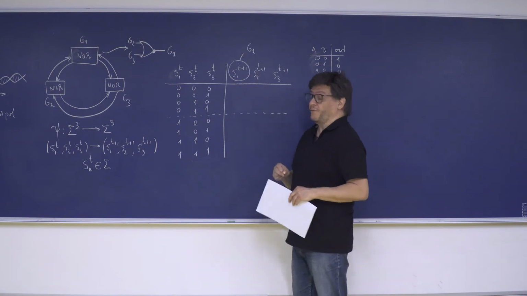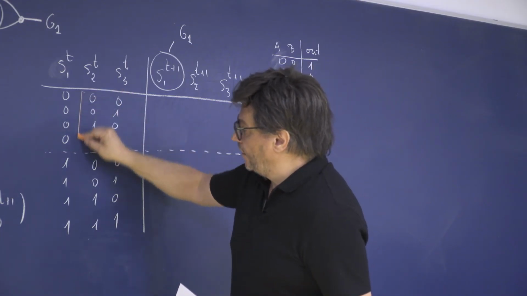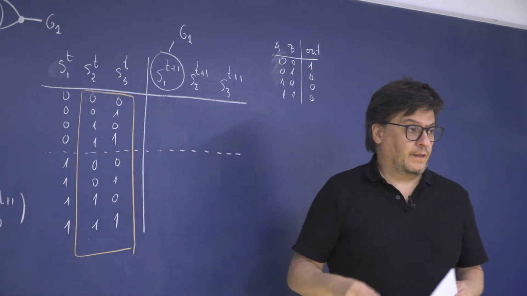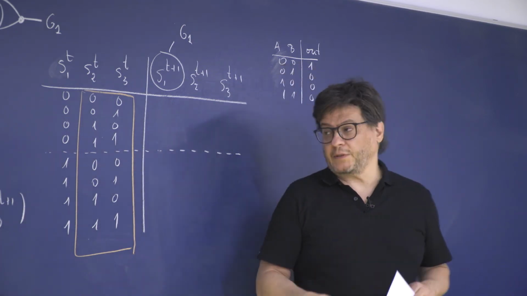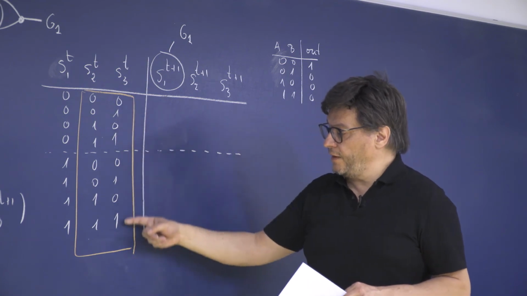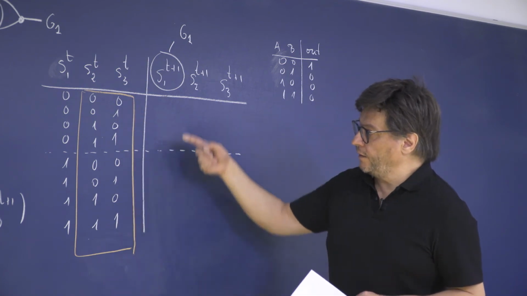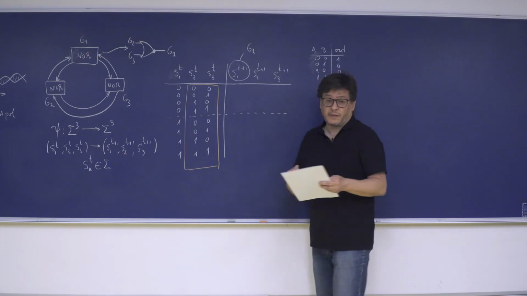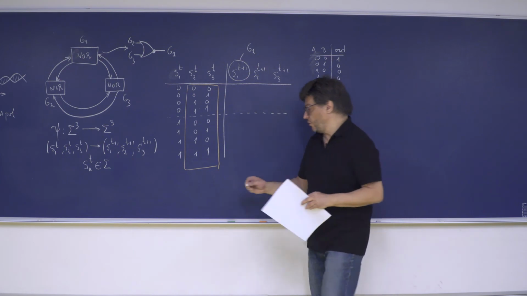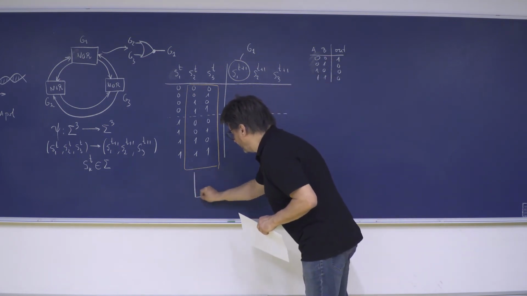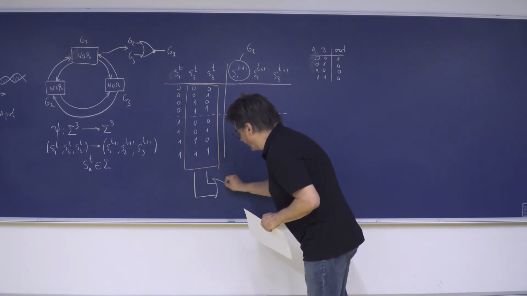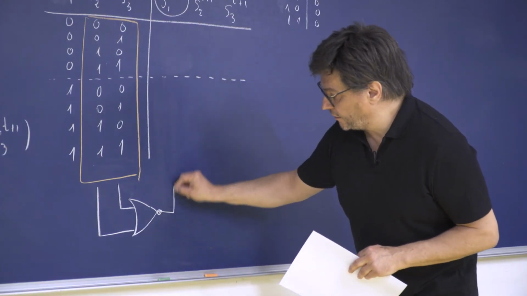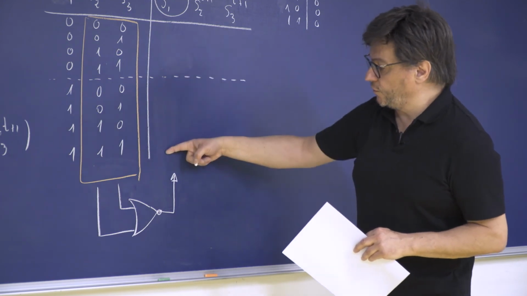I only need to look at the states of my input genes, and then decide what's my next state in the next iteration, essentially by using the NOR gate logic. So I take here my inputs from these pairs of states, and that decides my output here, okay?